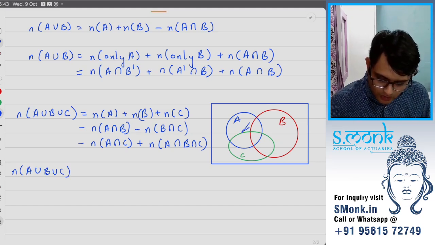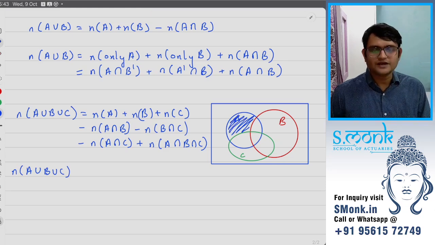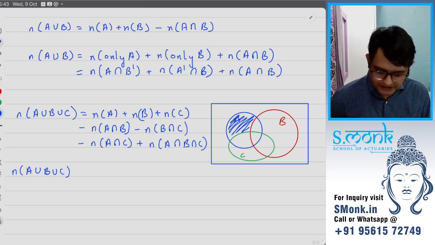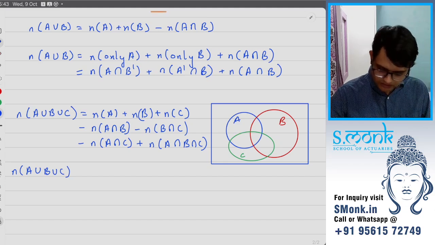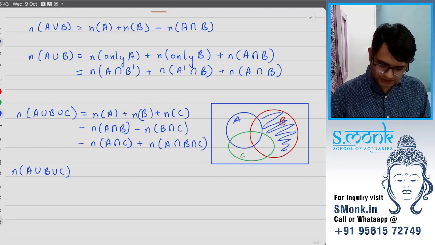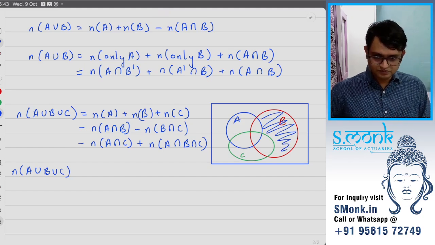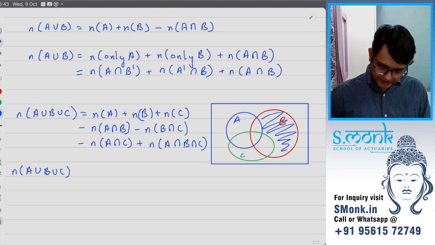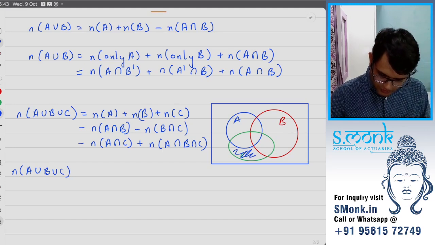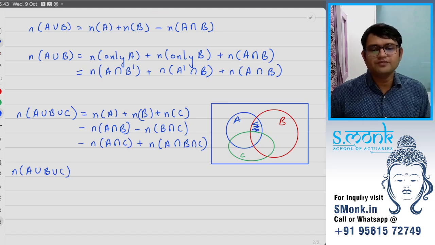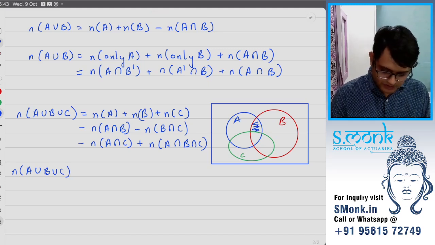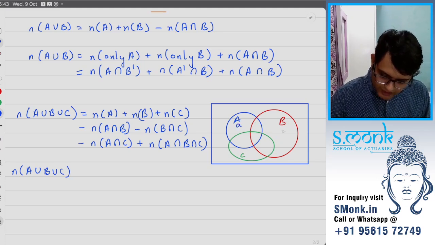So if I say this whole region, that is only A. This part is, let's say, only A. It does not contain any B, it does not contain any C. Plus, this region is going to be only B. Does not contain any A, does not contain any C. This region is only C. Similarly, this region is going to be A and B but not C. So if I represent this with small a, small b, small c, this is, let's say, small d, e, f, and this is g.